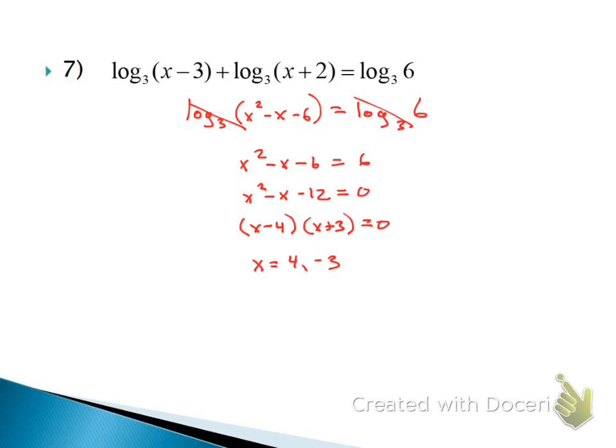And notice I'm not circling it yet. All right. Why? Owen? Check it. How do I check it? You plug each number back into the original expression.